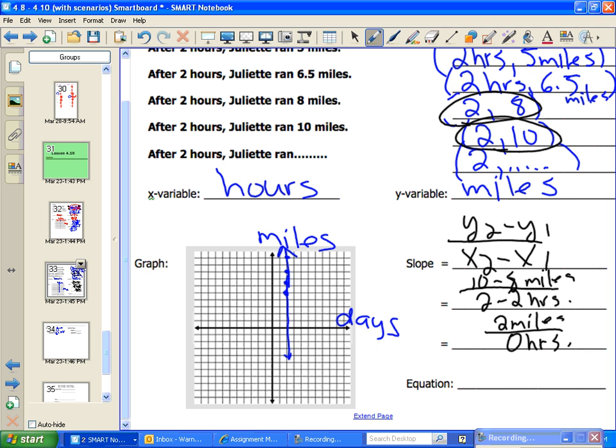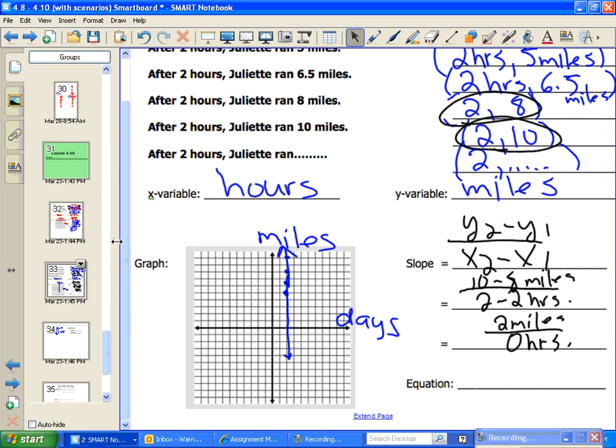Once again, is it possible to go 2 miles in no time? No. I know I'm a fast runner, but not that fast. Okay. Hey guys, what is 2 divided by 0?